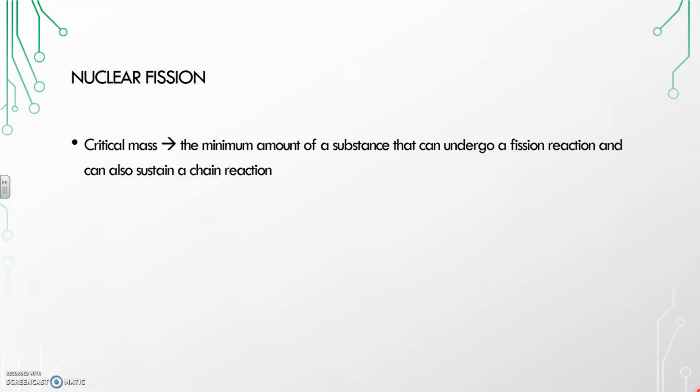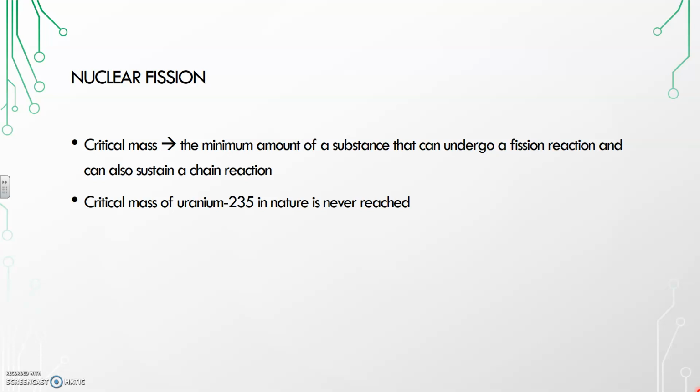Anyway, so critical mass with nuclear fission is the minimum amount of a substance that can undergo a fission reaction and also sustain a chain reaction. So it does actually have to be relatively concentrated. You can't just have 1 uranium atom and expect a chain reaction out of it. The critical mass of uranium-235 isn't actually reached in nature.